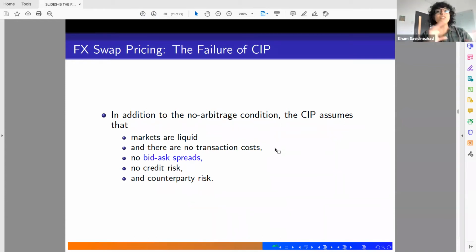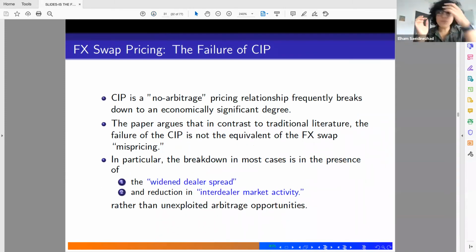And that's why the returns in these two different markets are going to be similar. So again, for now, it's important to know that an important feature of the modern market is this widening of the dealer spread, and it is influencing the pricing in the FX swap, not by accident, but because it is violating one of the important assumptions of the CIP, which is basically the most important theory that we use for FX swap pricing.